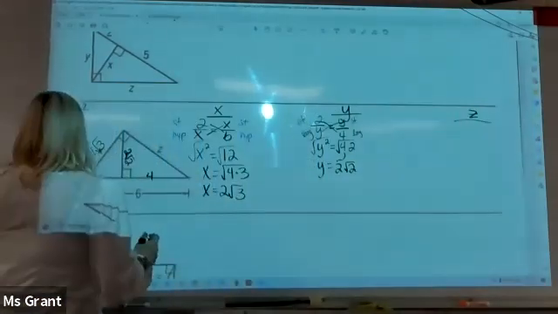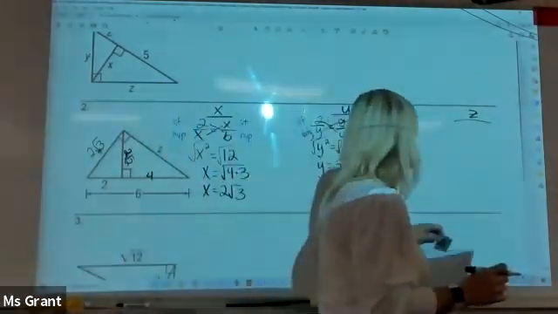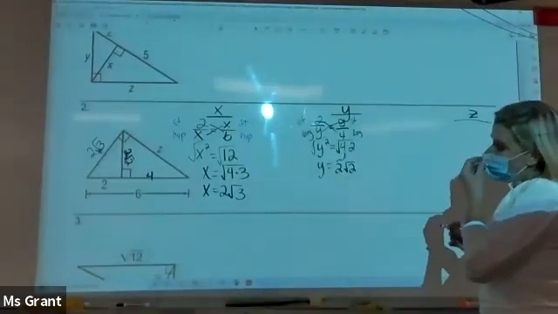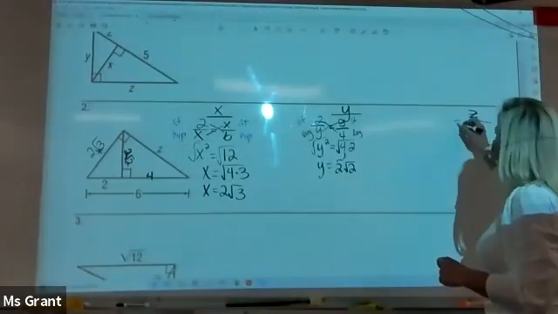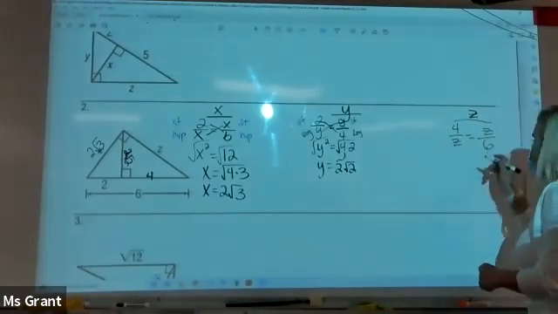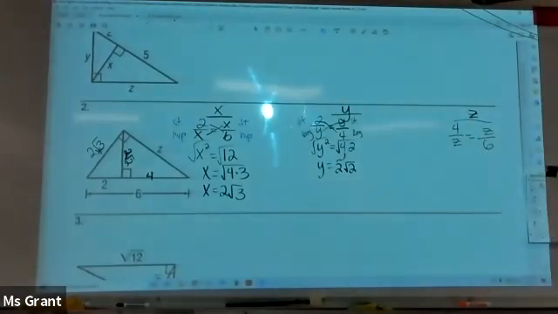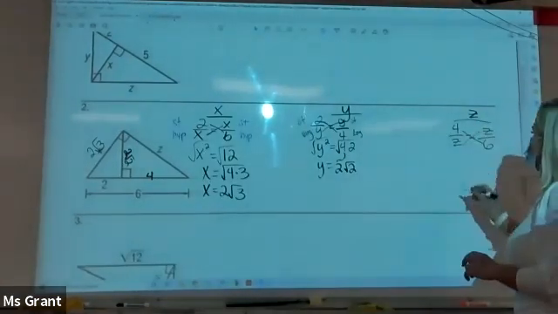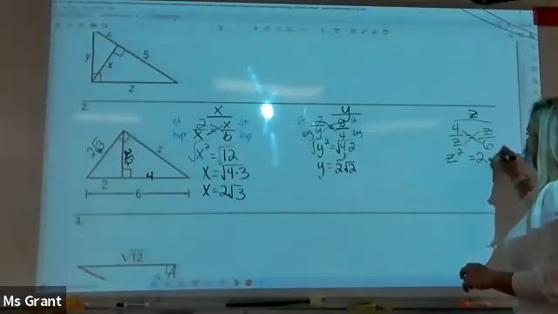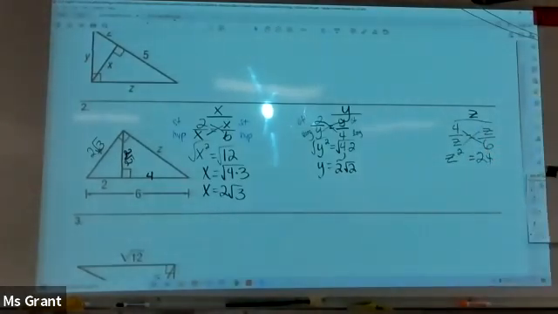So Z is about 4 over Z equals Z over 6. Does that seem fine? Cross multiply. Z squared equals 24. Well, the perfect square in 24 is a 4.